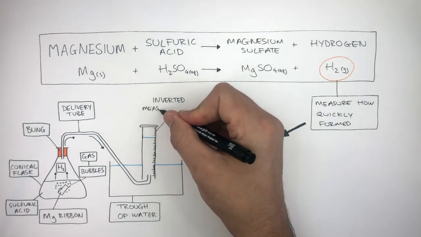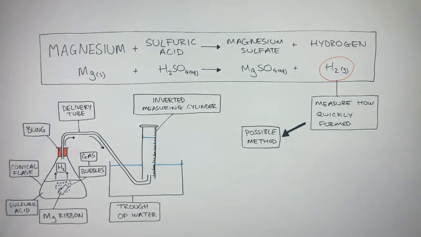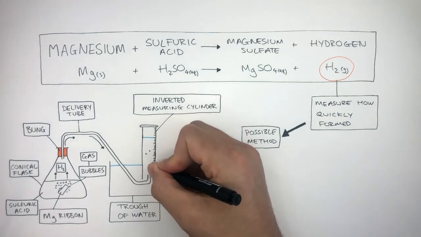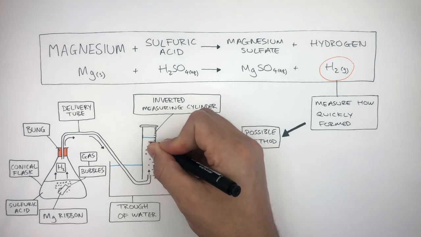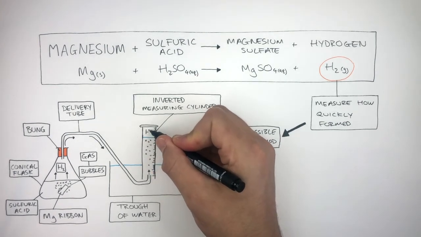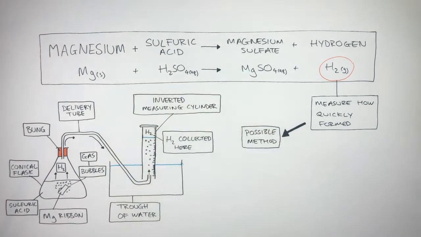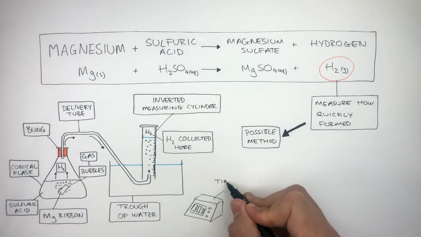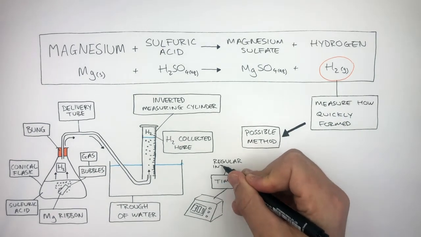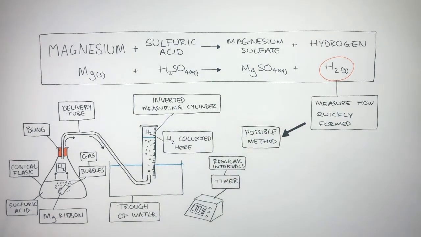The inverted measuring cylinder is filled to the top with water. The hydrogen gas is bubbled into the inverted measuring cylinder, where it displaces the water, where the hydrogen gas collects here at the top. A timer is used at regular intervals to measure the volume of hydrogen gas produced.